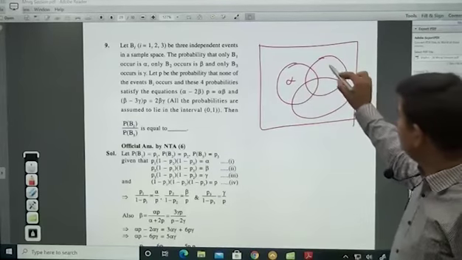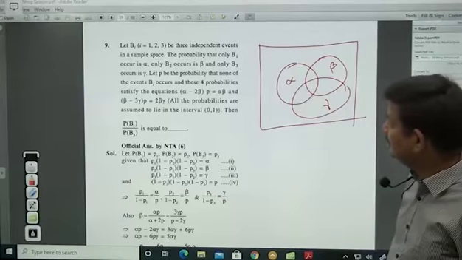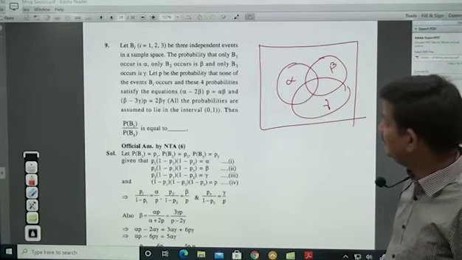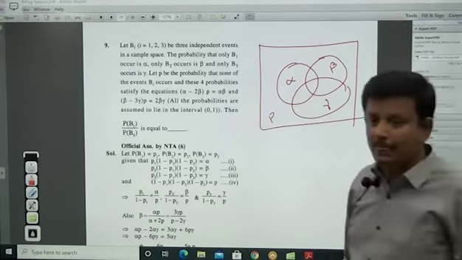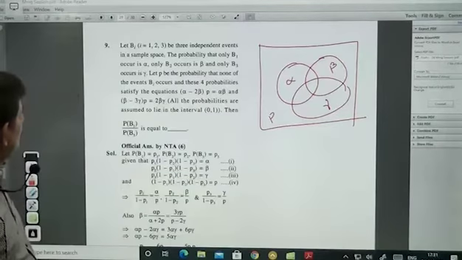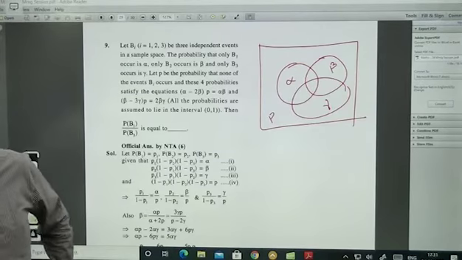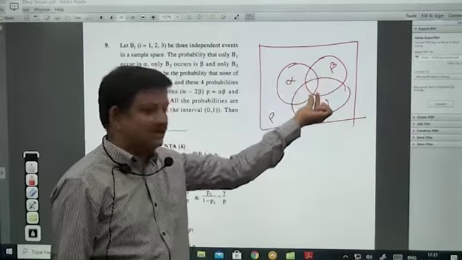Only B2 occurs is beta, gamma. P is the probability that none of the Bi occur, outside. These are three independent events.